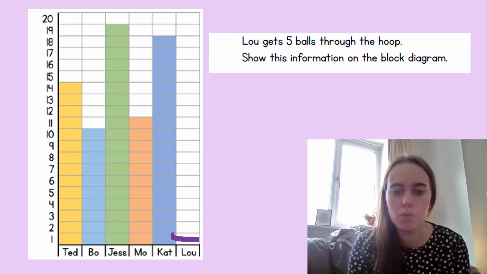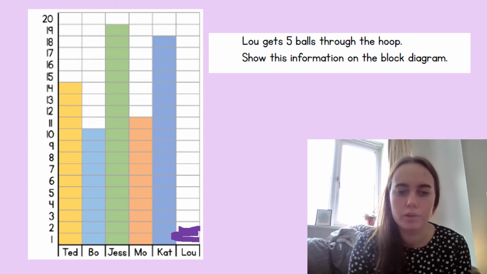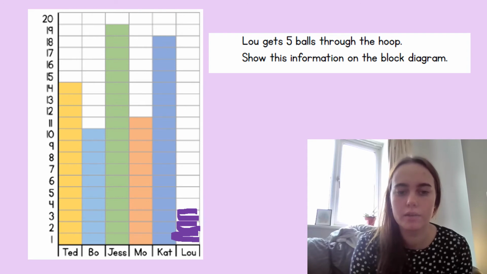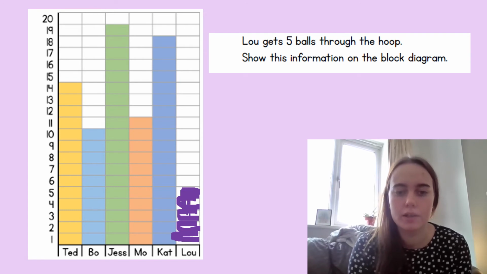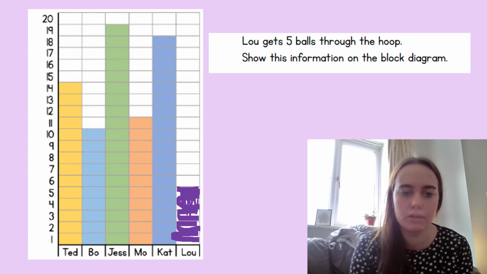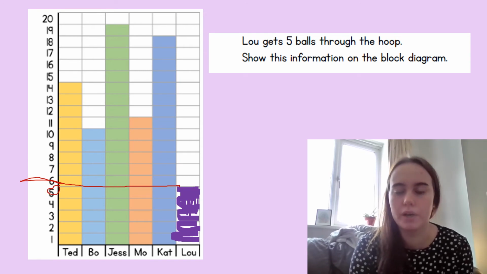And we've got 1, 2, 3, 4, 5. There you go. So that goes up to number 5. So if we were to travel along to the number line, it shows us that she's got 5 hoops.